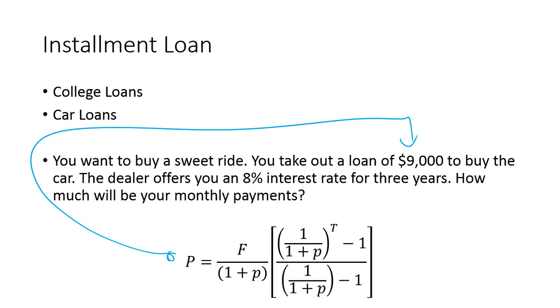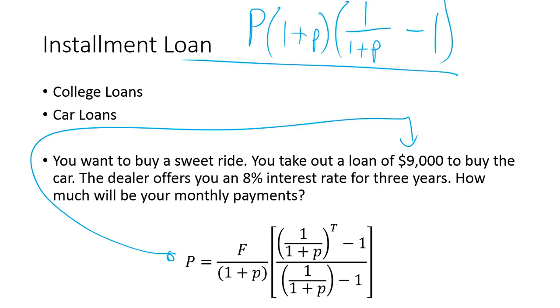If you want to do this beforehand, it would be capital P times 1 plus lowercase p times 1 over 1 plus p minus 1, all over 1 over 1 plus lowercase p to the t minus 1, and that would give you F. That's just using some algebra.